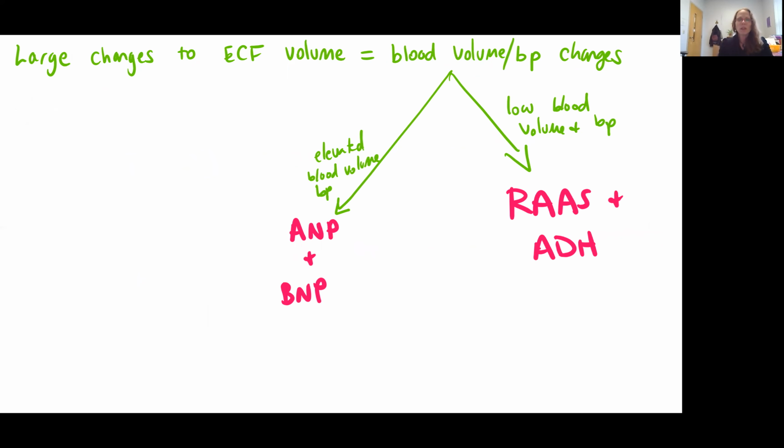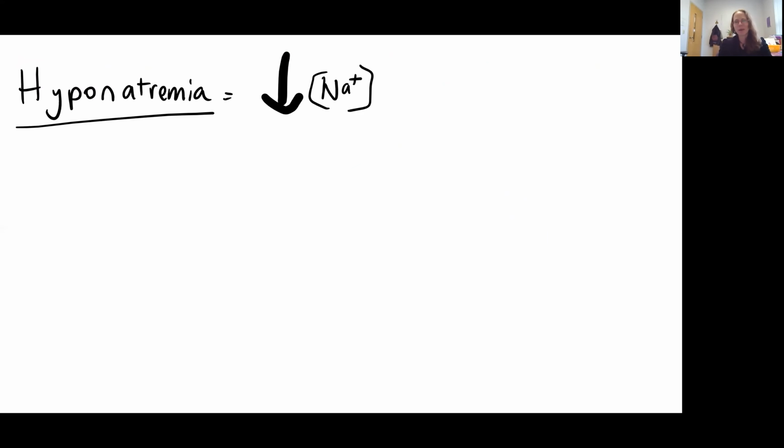We already know that when your blood pressure is high, you get the release of the natriuretic peptide, which is here abbreviated as ANP and BNP: A for atrial natriuretic peptide, and B for B-type natriuretic peptide. And we also already know if your blood pressure is low, then you're going to initiate the RAS, renin, angiotensin, aldosterone system, as well as the release of ADH. So we actually don't have to talk about those mechanisms, but we can do it anyway.